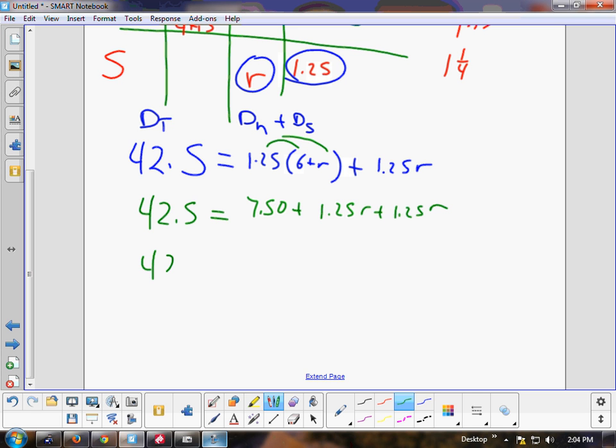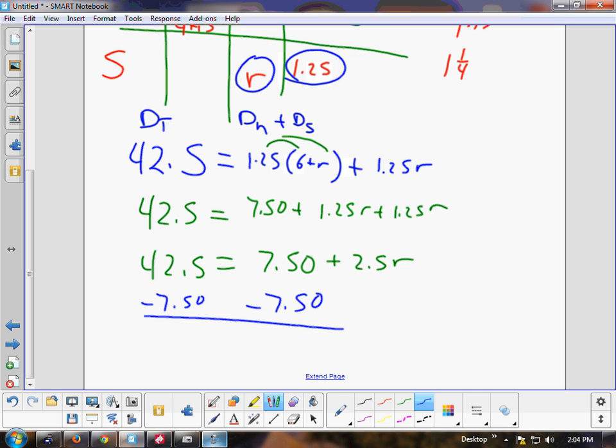Then I'm going to combine the r's on the other side, and I'm going to get 2.5r. Now we're going to get r by itself by subtracting 7.50.